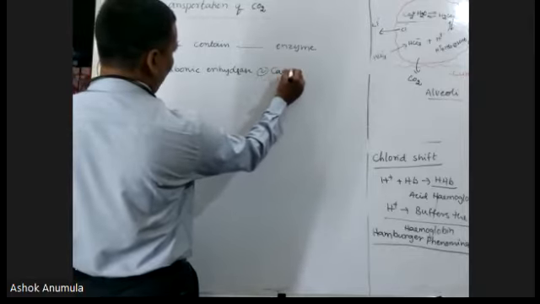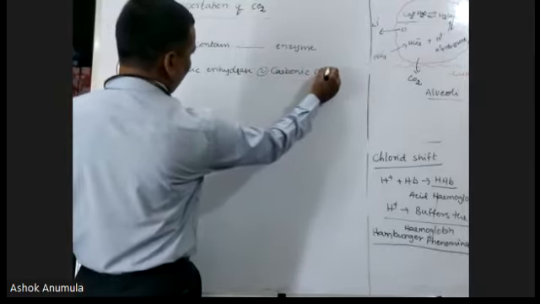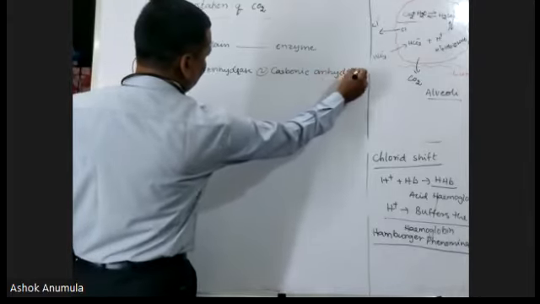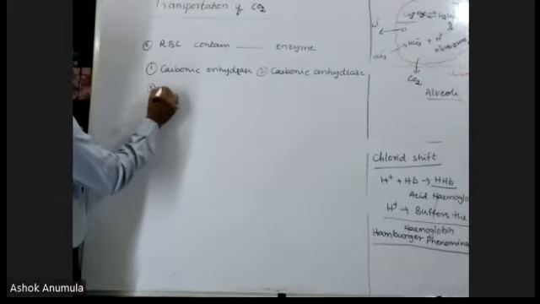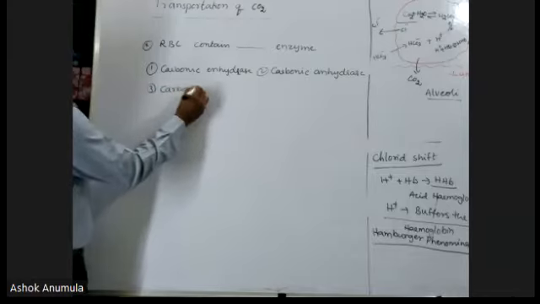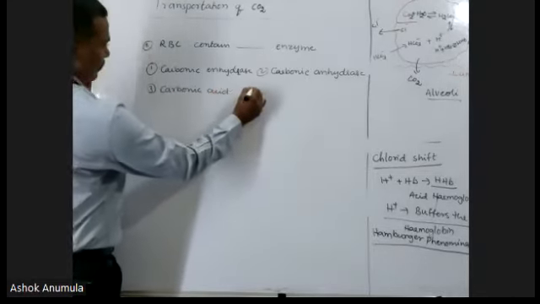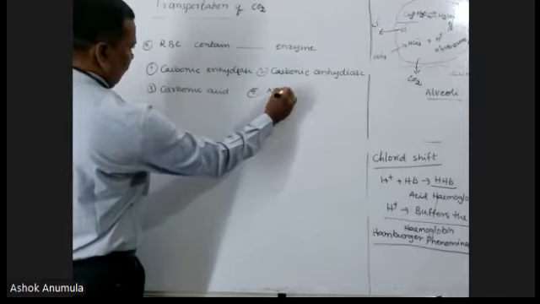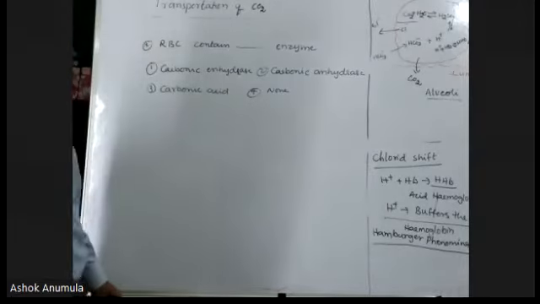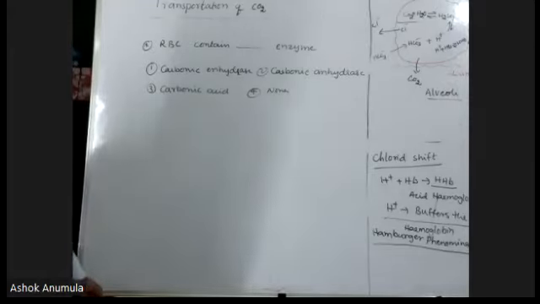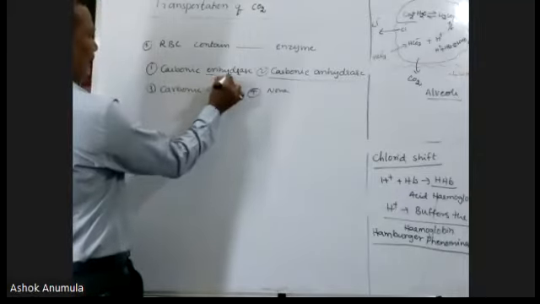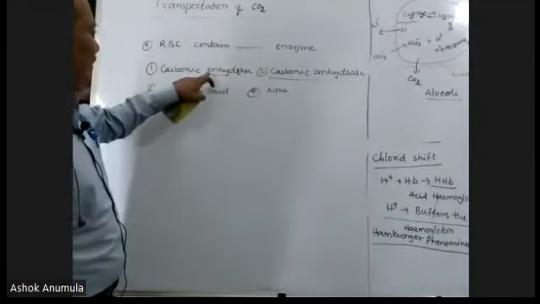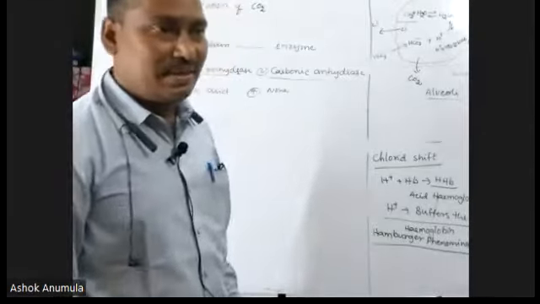Second option, carbonic anhydride. Third option, carbonic acid. Fourth option, none. What is your answer? Second option, sir. Very good, excellent. Don't get confused. Generally it is anhydrase here and anhydride there, but a single letter is different. Very good, you are observing very well. Excellent, good children.